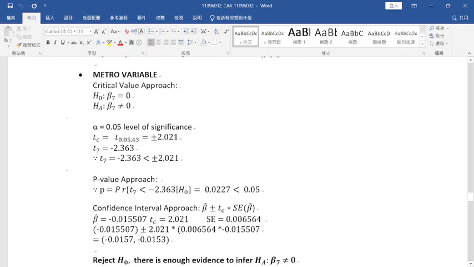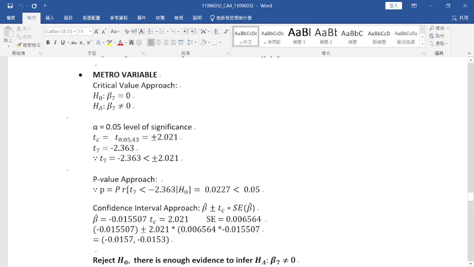For the metro variable, it's a two-sided test. So the null hypothesis is that beta 7 is equal to 0, and our alternative hypothesis is that beta 7 is not equal to 0. We set the alpha level of significance at 5%, and then we look into the table.